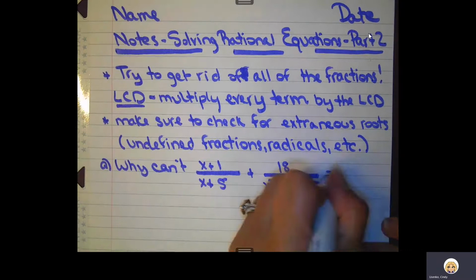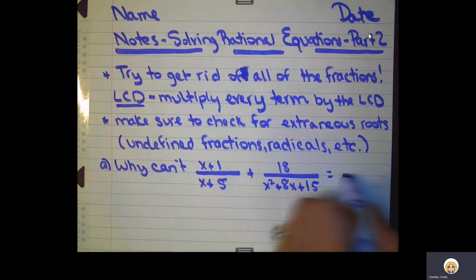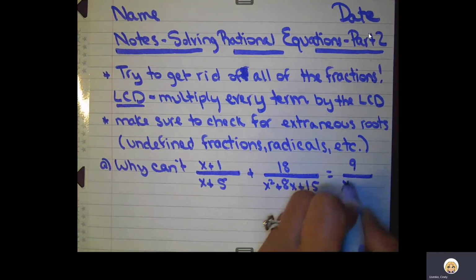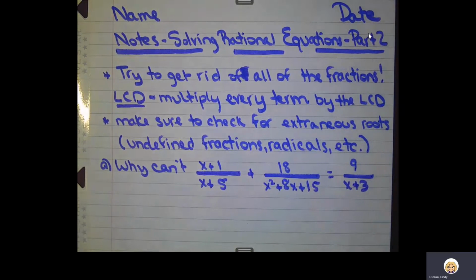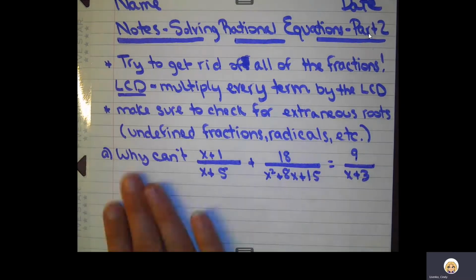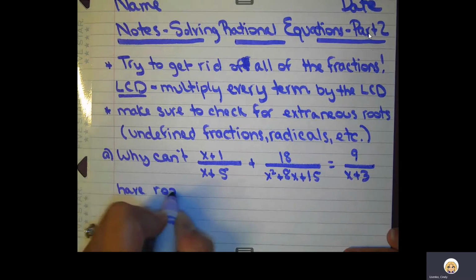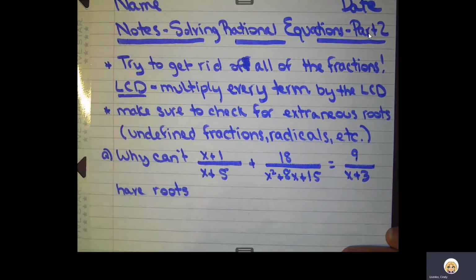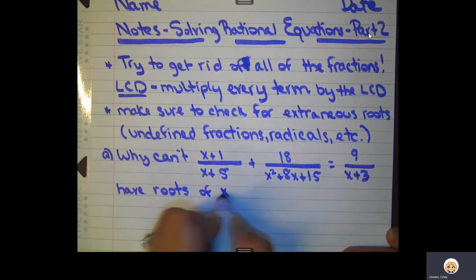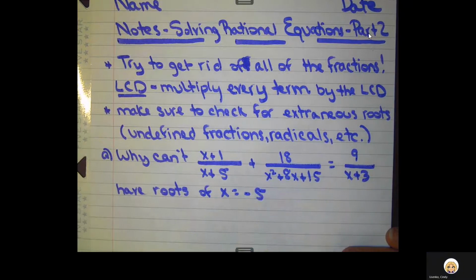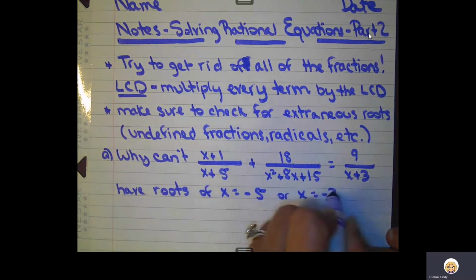Then the end of the equation is equals, and our fraction after that would be 9 over x plus 3. So my question is, why can't this have roots, that means answers, of x equals -5 or x equals -3?